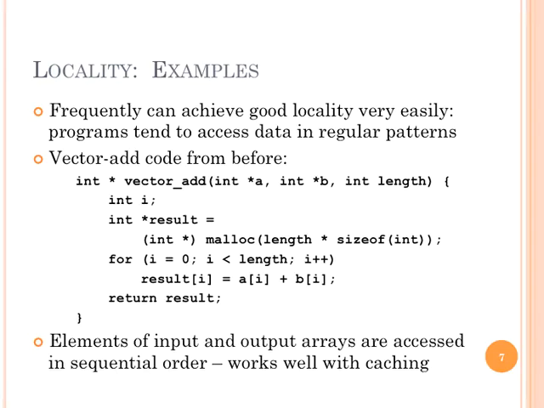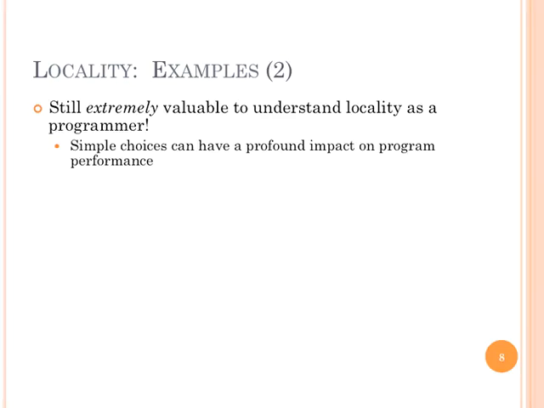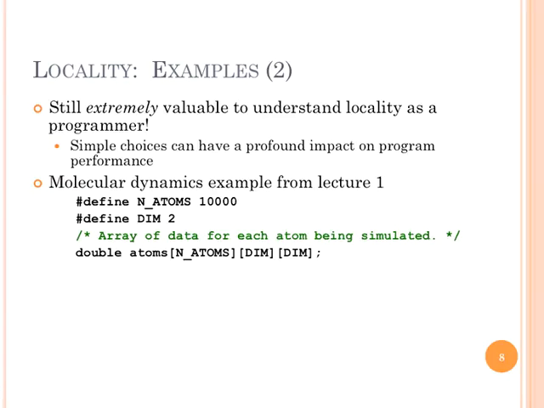But we access these arrays in sequential order, as people normally would. It would be really unusual for somebody to write something that traverses arrays and randomly hops all over them. And so the common behavior is actually already really good. So even though it is easy and common to do, it is still a good thing to understand.